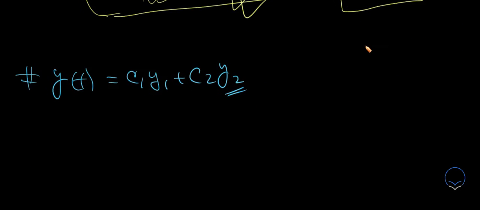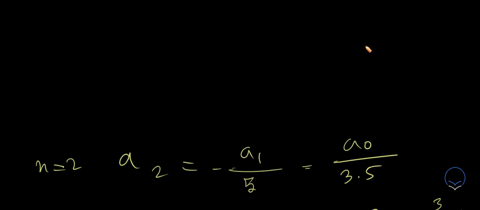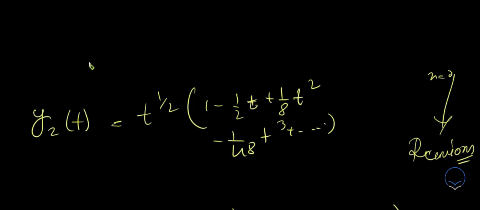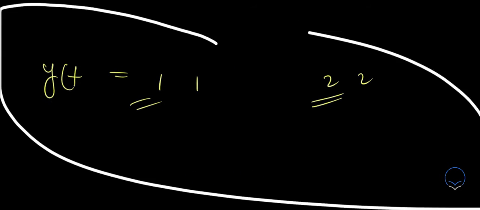And now we are going to see some cases where we'll have equal roots. So let me just get rid of the writing that was done over here. So this is our last case for the series solution.